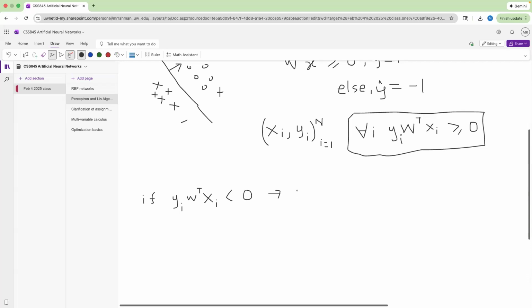What is the update? We change W to be W plus Y times X. And then we have an iteration count. If we are currently in the t-th iteration, then for the next iteration, we update the weight like this.